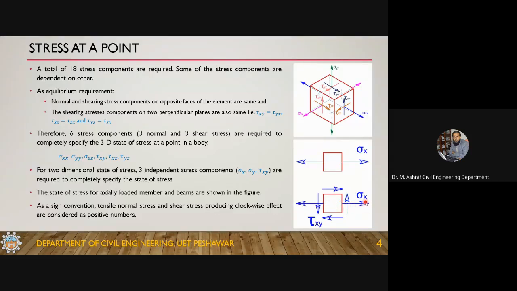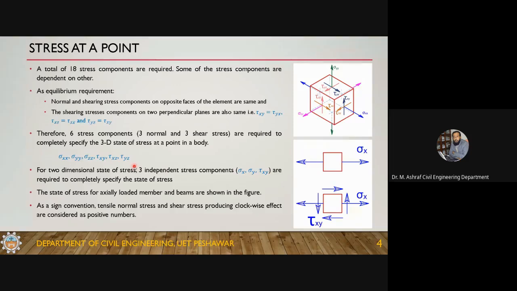Similarly, tensile stresses are represented by arrows pointing away from the element, and those are positive numbers. Compressive stresses are represented as negative numbers. So this is the sign convention for the stress.